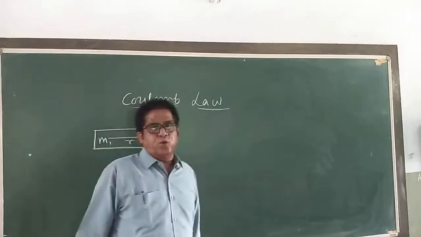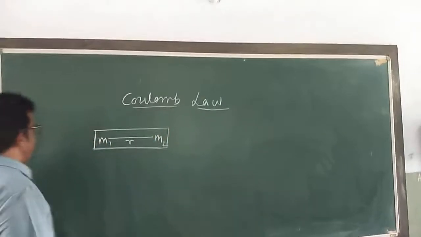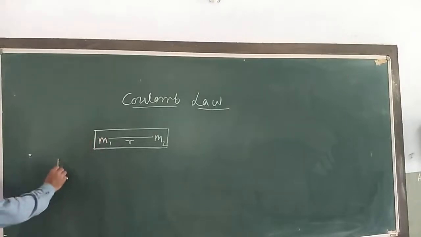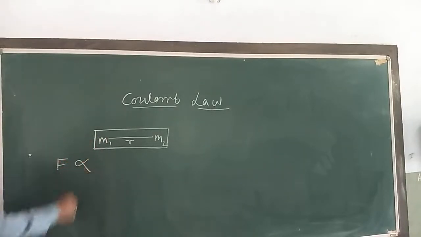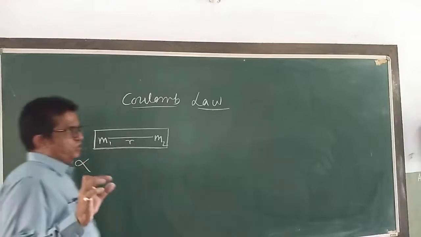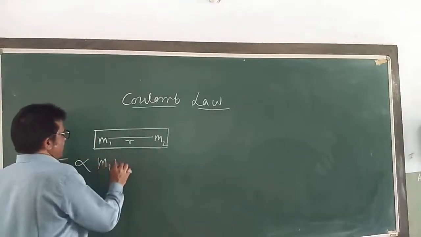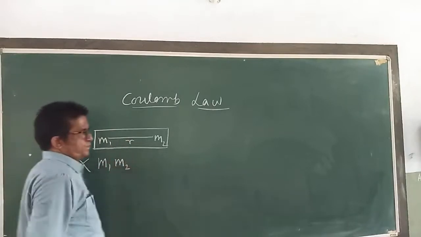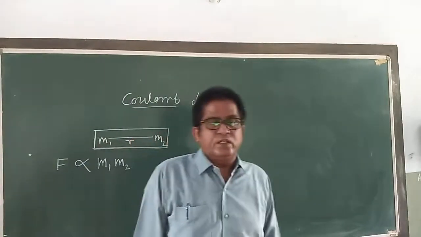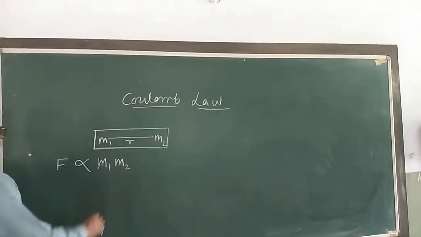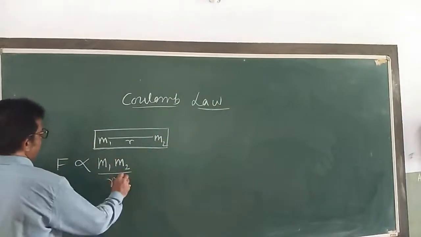Then the force of repulsion or attraction between the two poles is directly proportional to their pole strengths, that is M1 and M2, and inversely proportional to the square of the distance, that is R square.